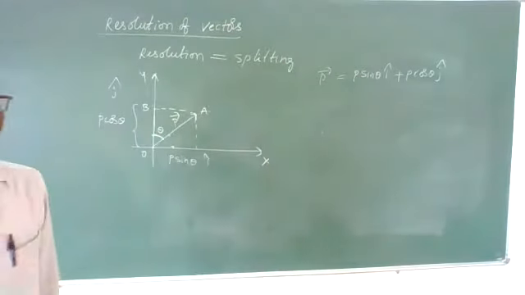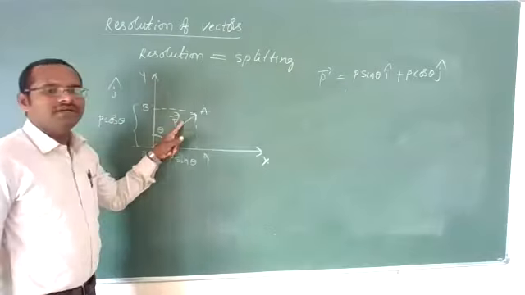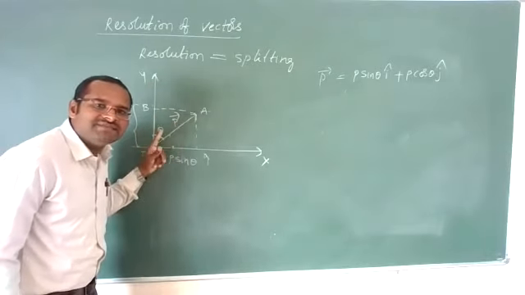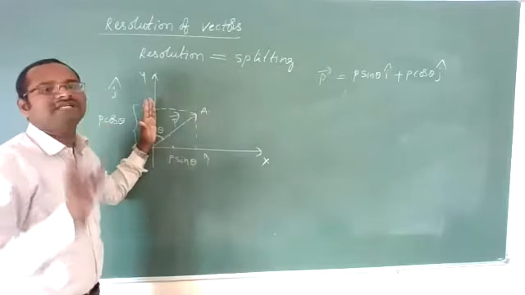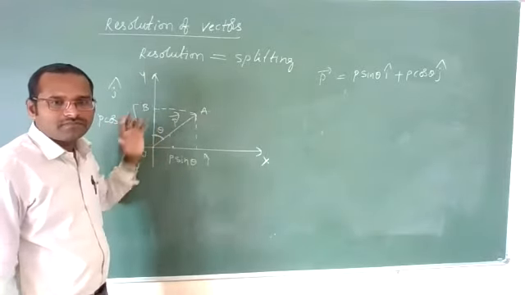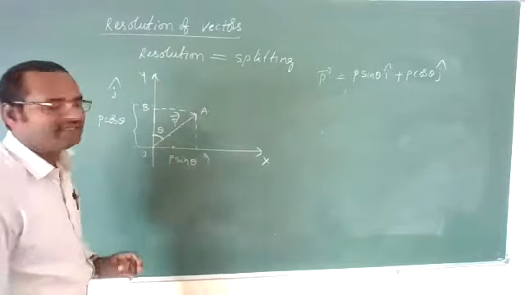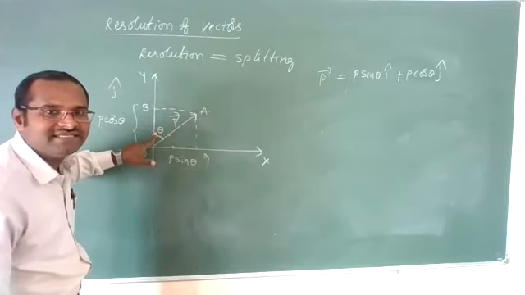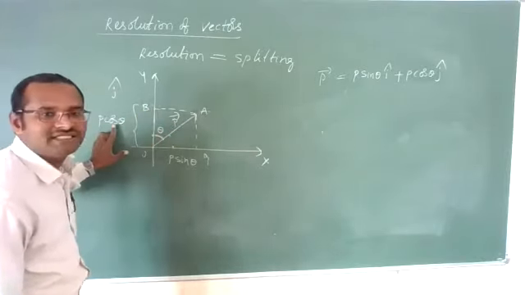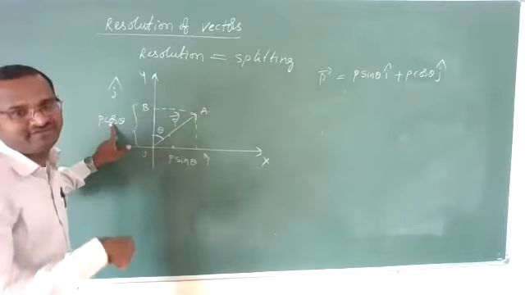Understood? That means the vector makes an angle theta with an axis, and along that axis its cos theta component will be there.